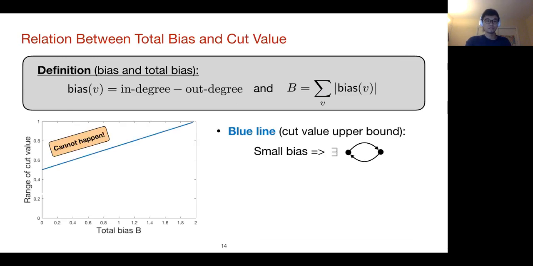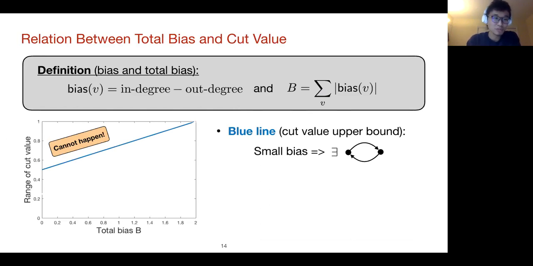Specifically, in GVV 17, they show that when you have a certain bias, a certain range of the value is not achievable. For example, in this figure, the x-axis is the total bias and the y-axis is the range of the cut value.